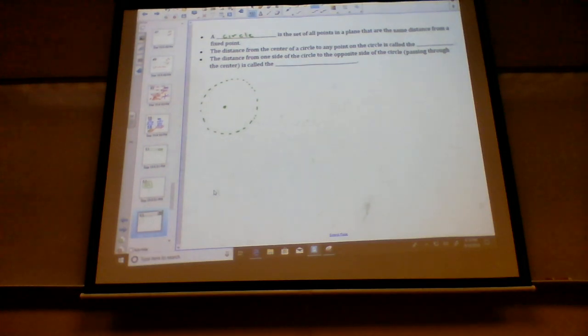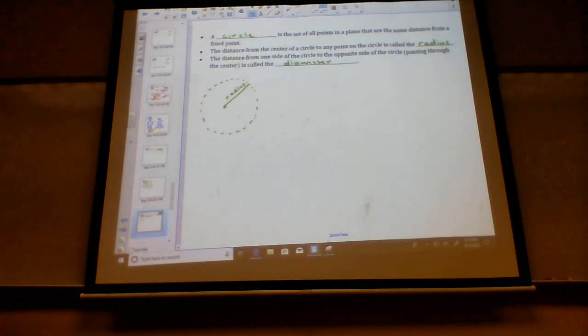The distance from the center of a circle to any point on the circle is called the radius. So if you go from the center of the circle to any point on the circle, that's called the radius. The distance from one side of the circle to the opposite side, passing through the center, is called the diameter.